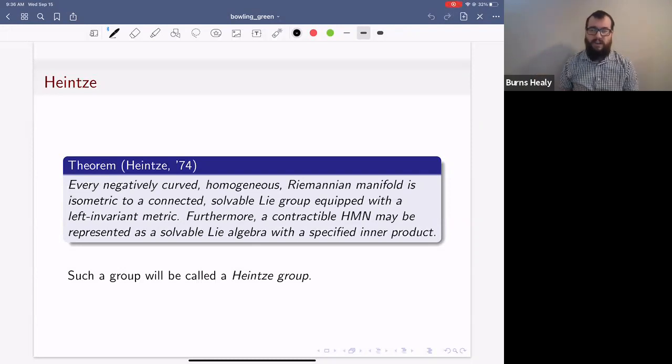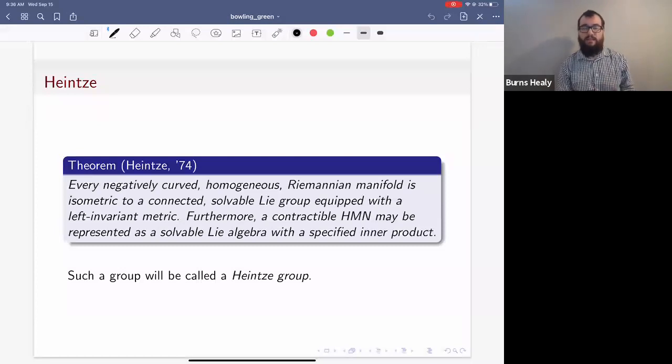some specified inner product. So essentially, if you've seen the solvable group model for symmetric spaces, basically what this theorem is stating is that that property goes through for all homogeneous negatively curved Riemannian manifolds. Okay, they all have a Lie group model where you can think of the space as a metrized Lie group.